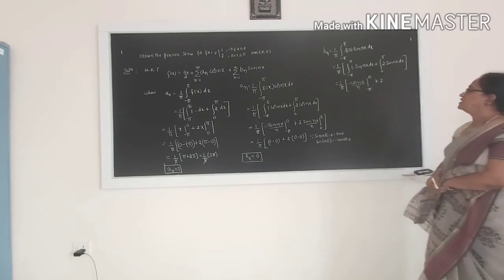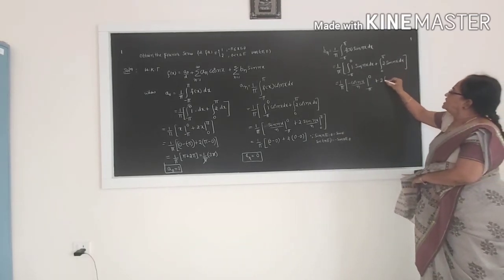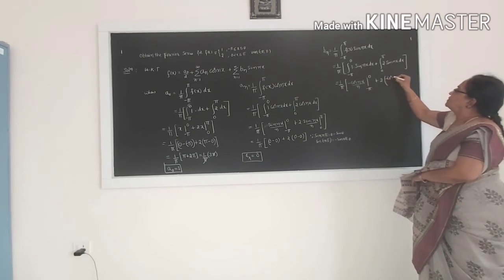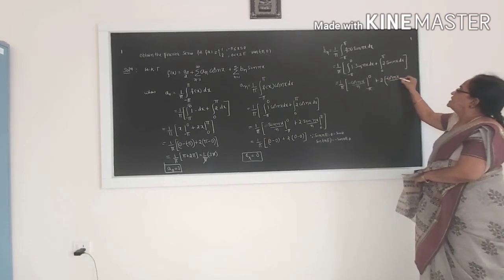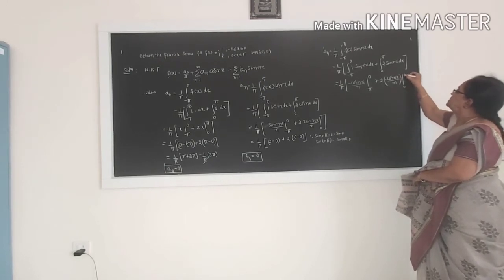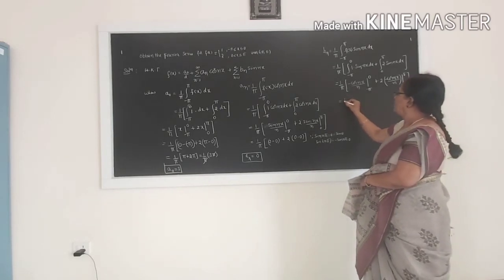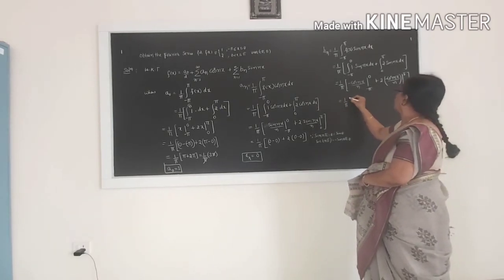Therefore, I write this outside the integral sign. And integration of sin nx is again minus cos nx divided by n in between the limits 0 to pi. Now I write this as 1 by pi.